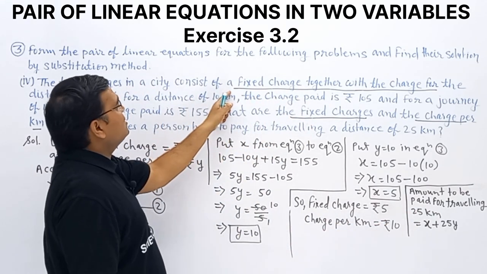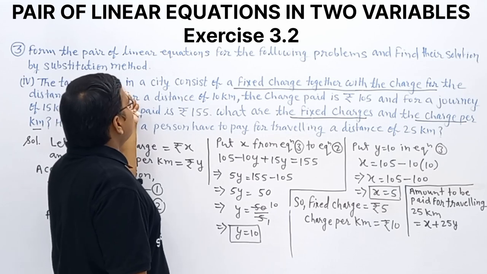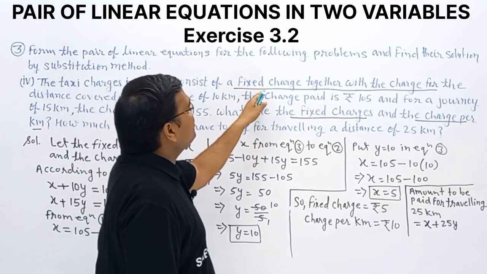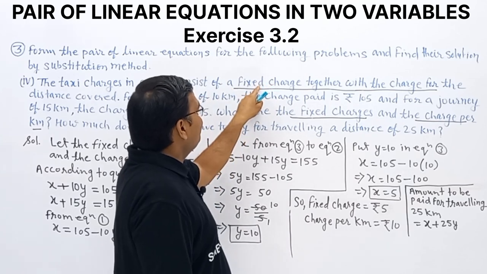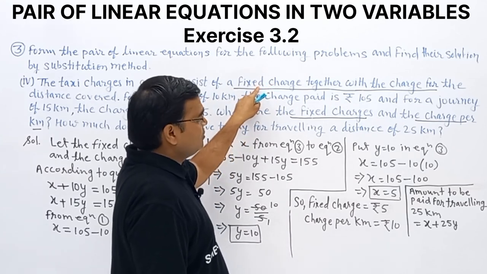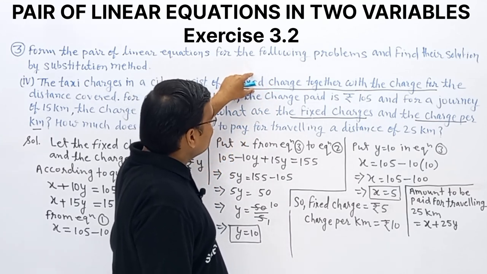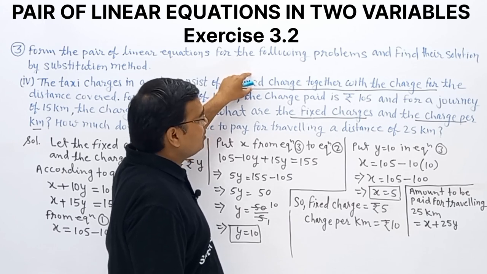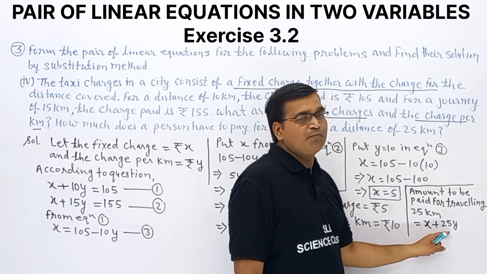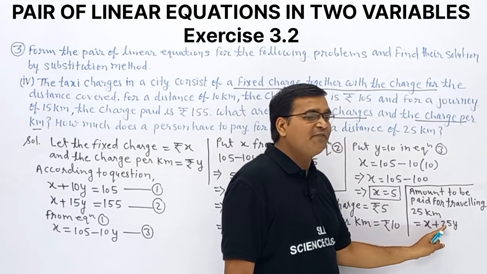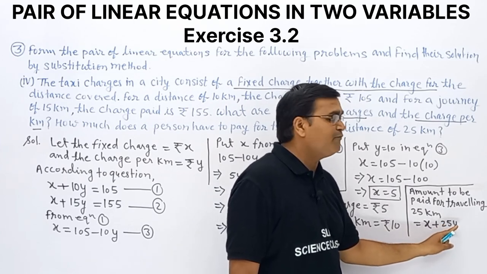As per this situation, a taxi charge in a city consists of a fixed charge together with the charge per kilometer. First we write the fixed charge, which is x. So x plus the charge per kilometer y, and for 25 kilometers, 25y.